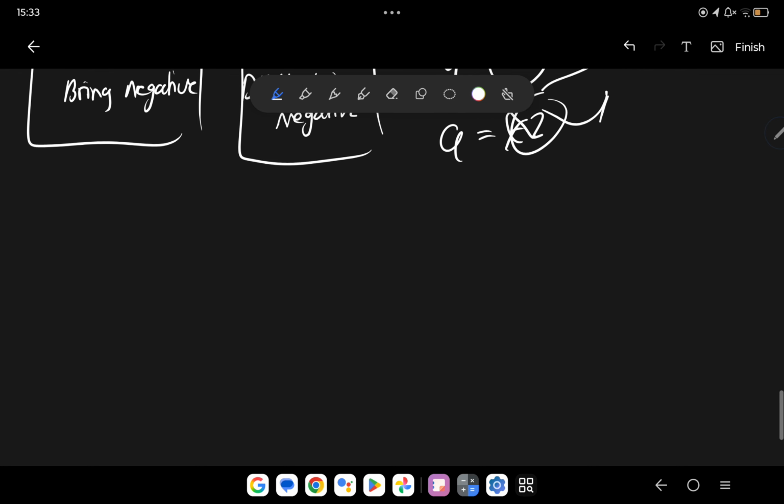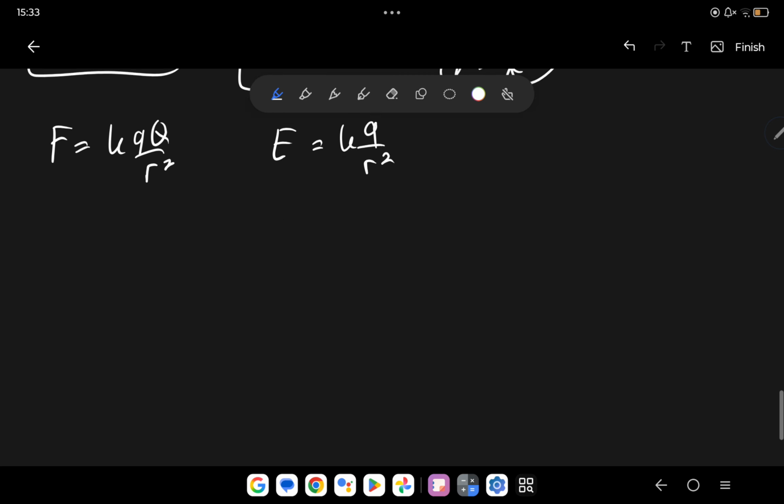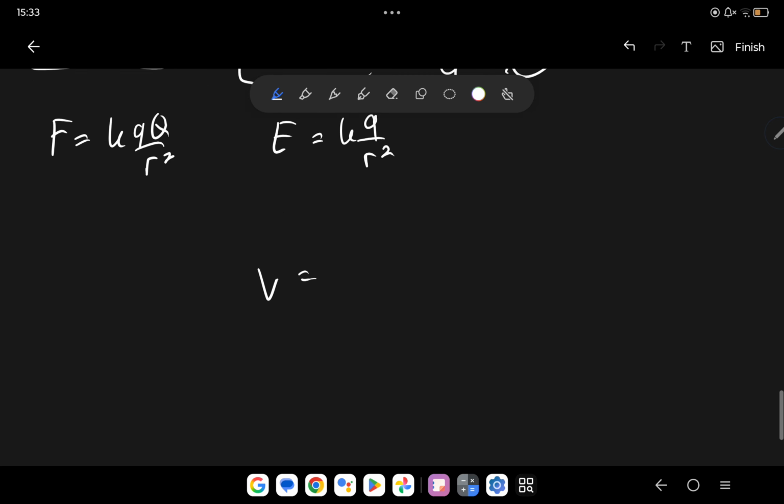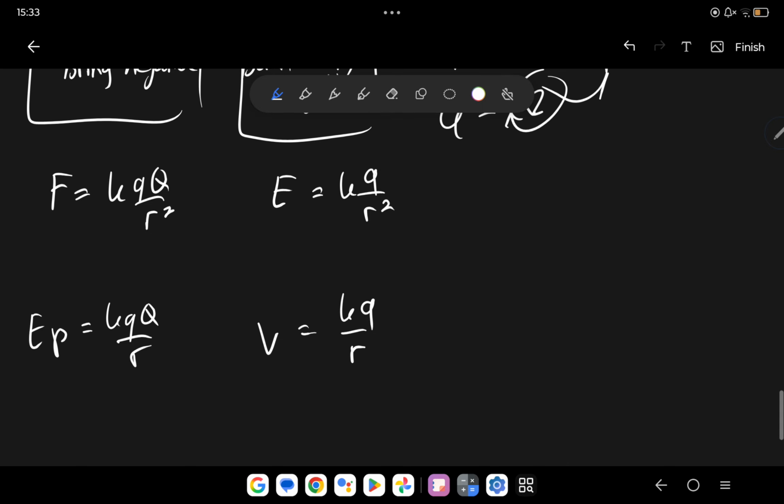Okay, let's recap everything. We have F equals K Q Q over R squared, E equals K Q over R squared, V equals K Q over R, and EP equals K Q Q over R. We can bridge them.